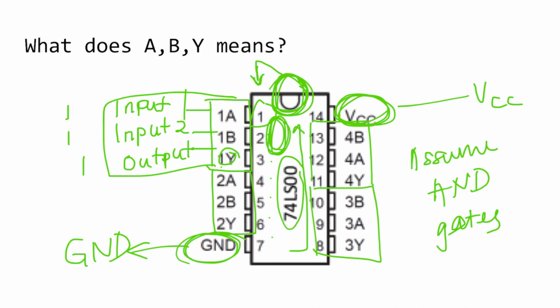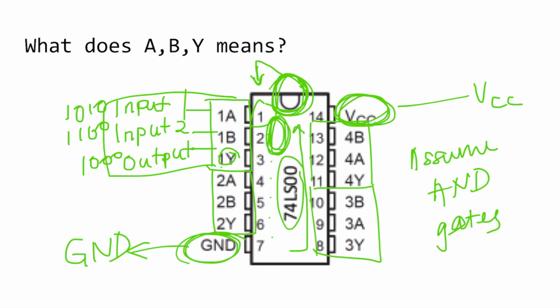If I put 0 and 1, then the output should be 0. If I put 1 at the input and 0 at the other input, then the output should also be 0. If I put both zeros, then the output should be 0.